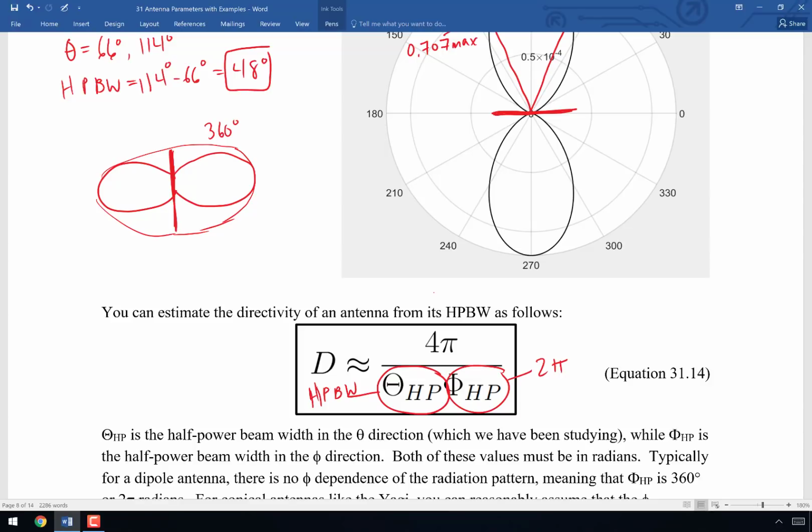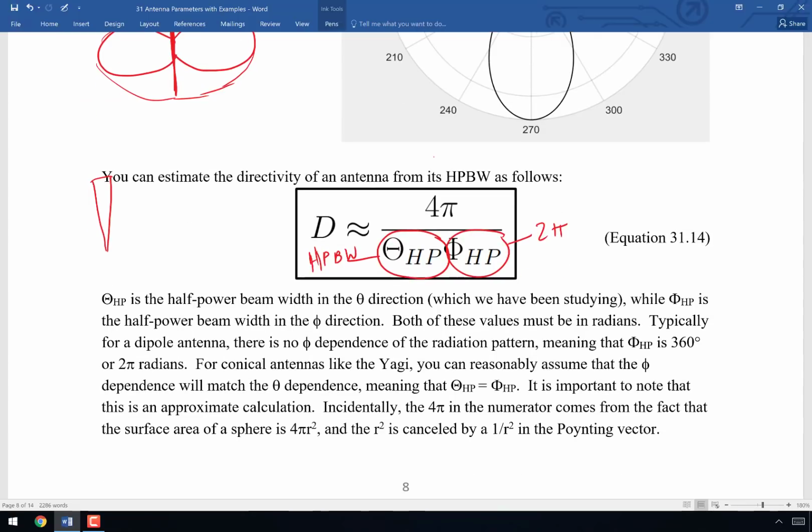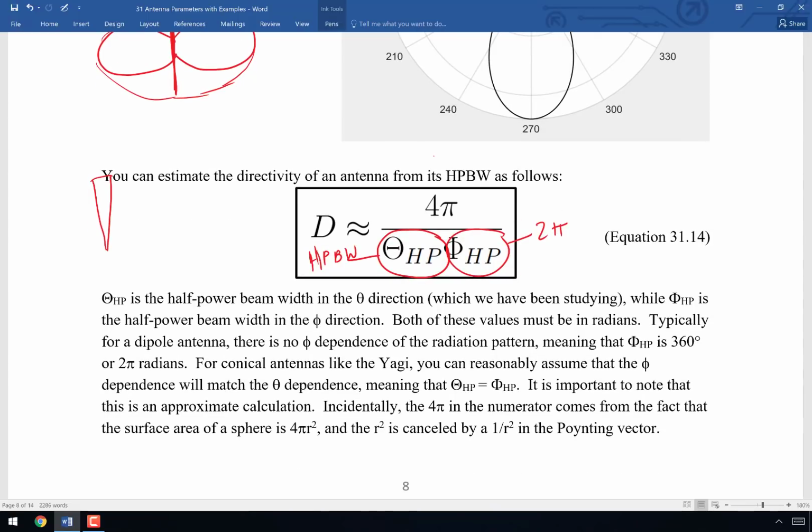If you had an antenna that was like a cone or a ray, then it would be reasonable to assume it was a ray or cone in 3 dimensions. So what we're going to find is that phi sub half power is very often 360 degrees or 2 pi radians, or sometimes it's equal to the half power beam width.